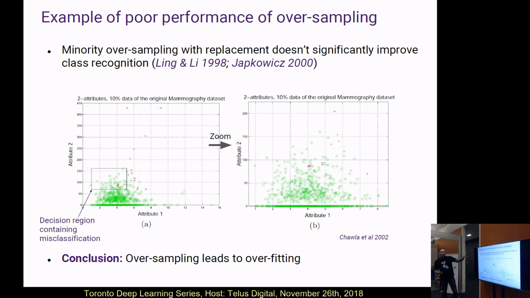But in any case, the point that I'm trying to illustrate here, and that they were trying to illustrate in the paper, was that using a decision tree in this case and carrying out random oversampling with replacement, all that happened to this original decision boundary, the solid black line, that box, if we zoom in on that region, after the oversampling, those decision boundaries just became more focused.